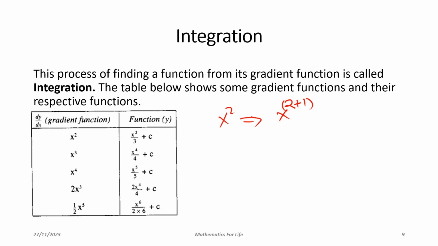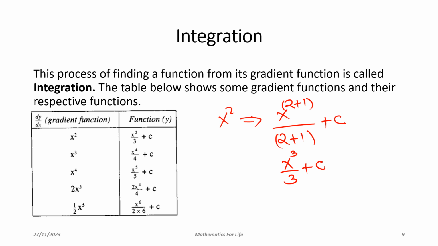And then the resulting power, we divide by, so 2 plus 1. And then we add the arbitrary constant c. And this will basically simplify to x to power 3 over 3 added to the arbitrary constant c. So hence the result x cubed over 3 plus c as indicated on the second column.